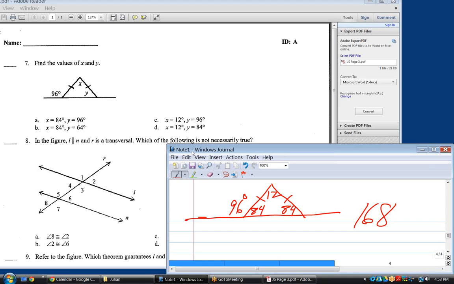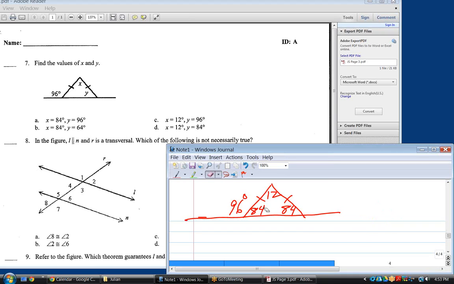And so that's the answer: D, x equals 12, y equals 84. Now notice one other thing that's worth pointing out as long as we've got this picture drawn here.